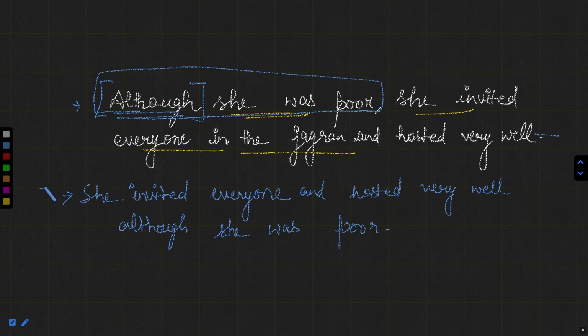Now you can see clearly that the entire clause has been shifted, not only the word although. That will make the sentence complete and correct. So this is the basic structure of using although in a sentence.